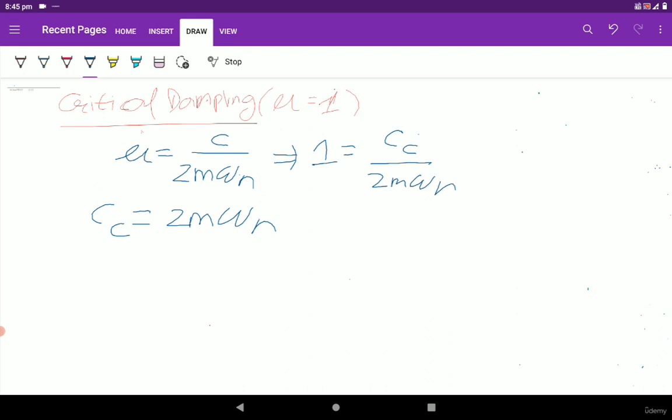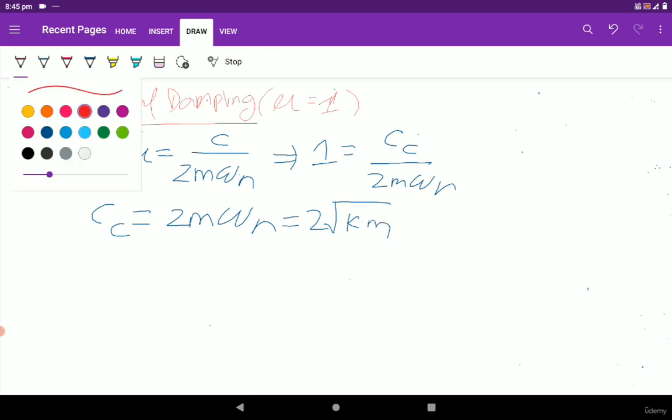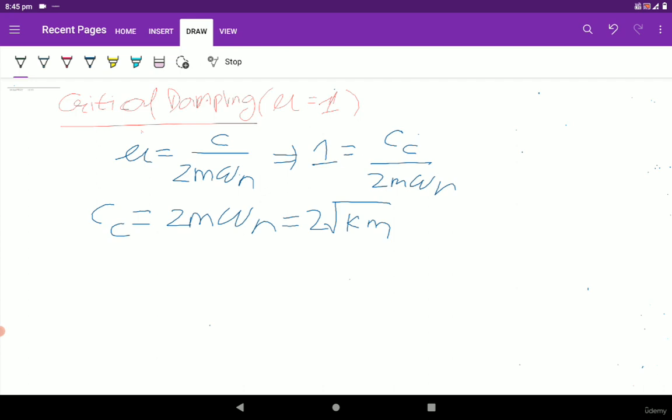After further simplifying, it is equal to 2 under root km. So this is the expression for the critical damping coefficient.